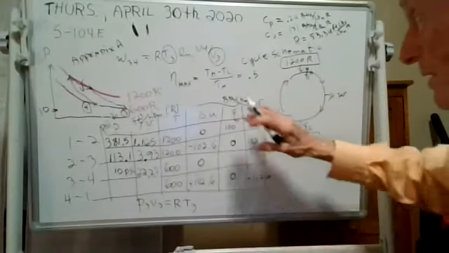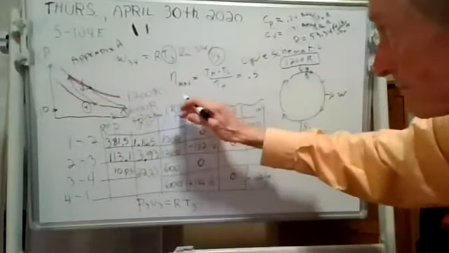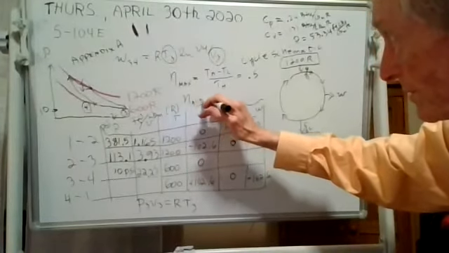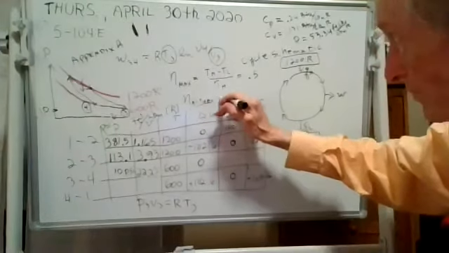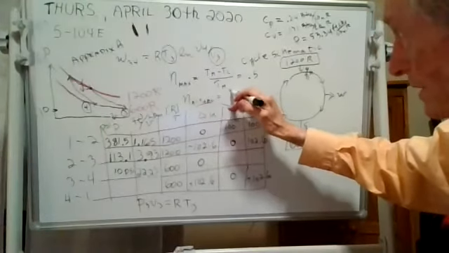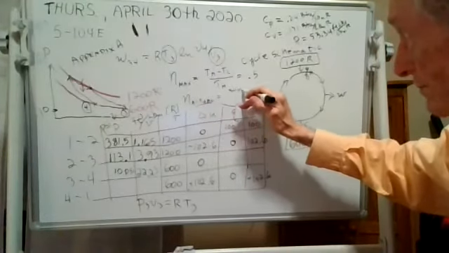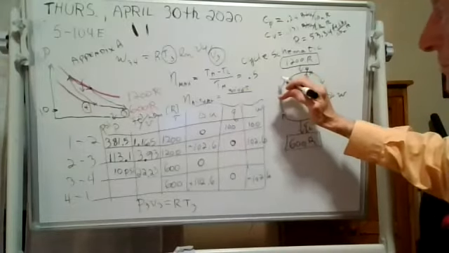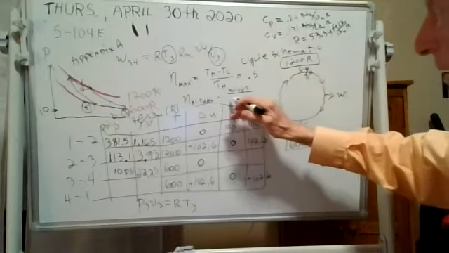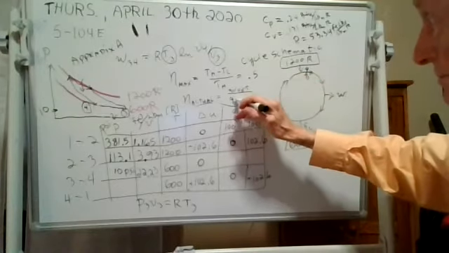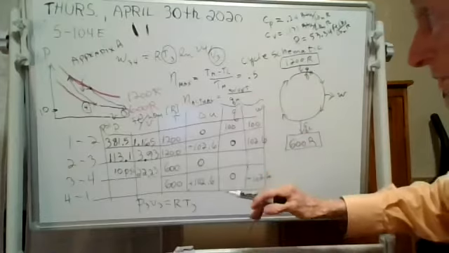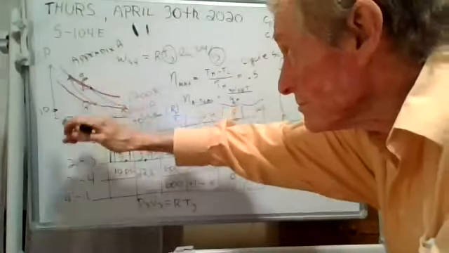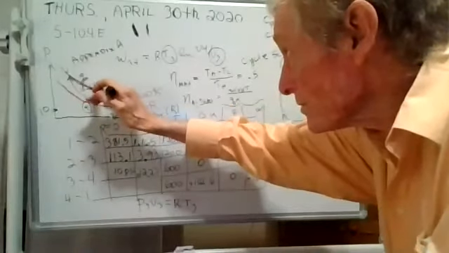But then we also have the actual efficiency. We've done these before. And what that is, is the network divided by the Q sub H. See, you have to pay for that Q. This is 1, 2, 3, 4.